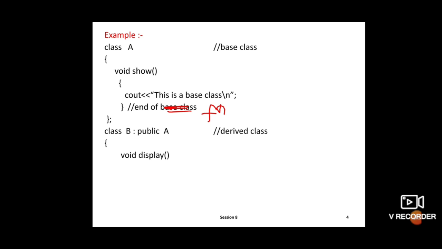In this display member function, write one sentence to print: this is a derived class. Then end of the display function, and end of the derived class. This is a simple example of inheritance.